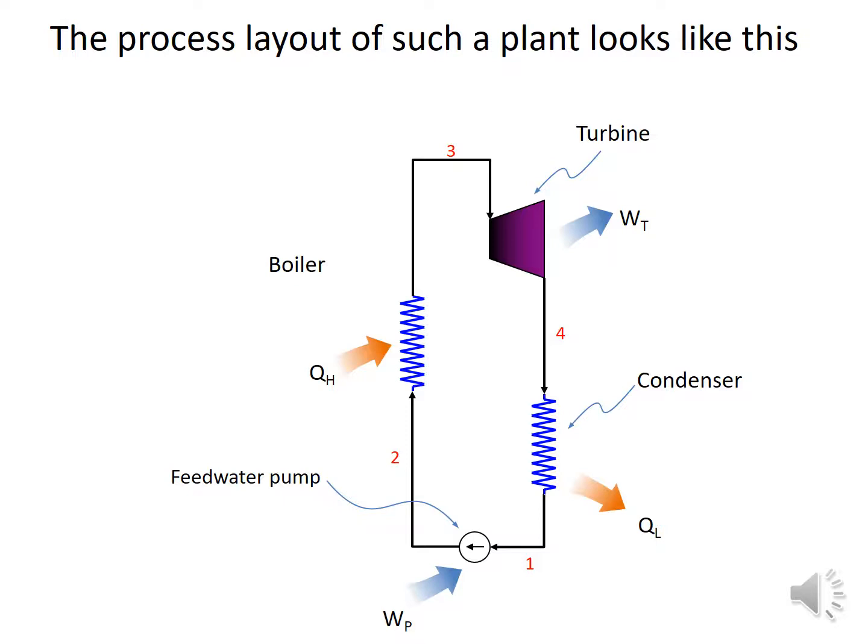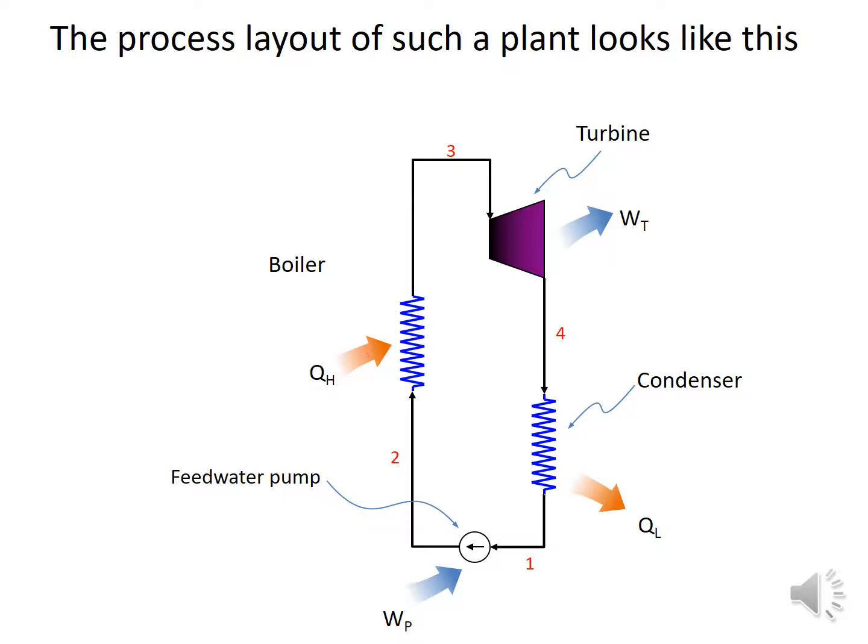This type of power plant that could operate on the Rankine cycle is made up of an ordinary pump that compresses the water isentropically, and it then passes through a boiler, which is basically a big heat exchanger where you add fuel and combust it to get the QH heat.